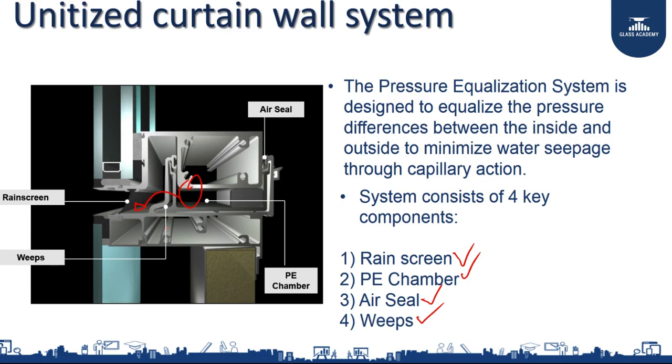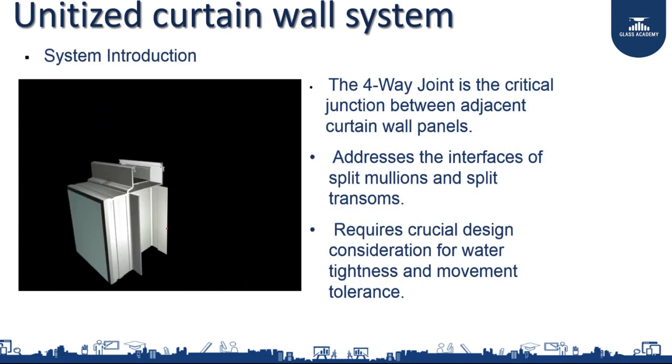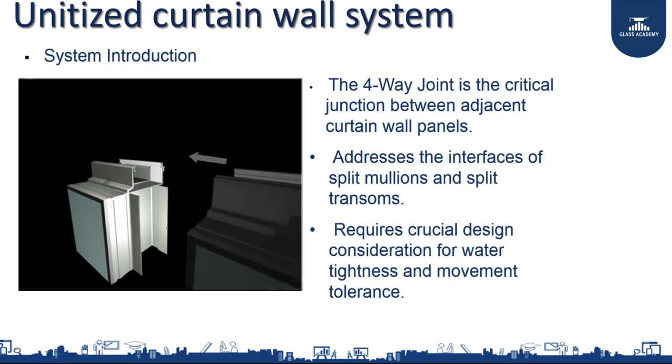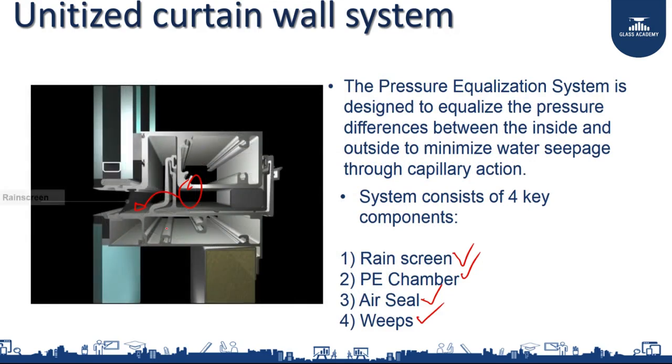So, if you go back, you look at the four-way joint of the system, which is critical, because you put two panels together, you must understand how to make a four-way joint. And second, when you design the system, make sure we understand this concept: rain screen, pressure equalization chamber.